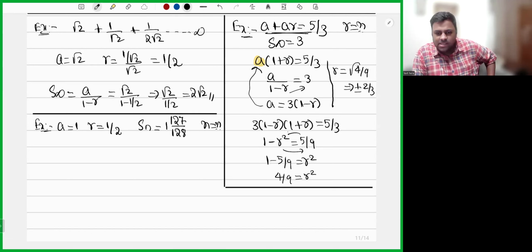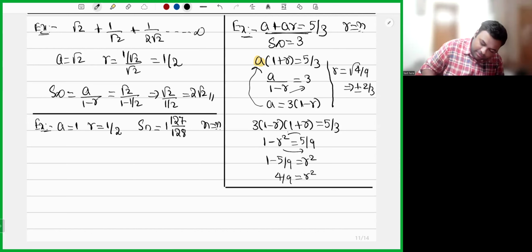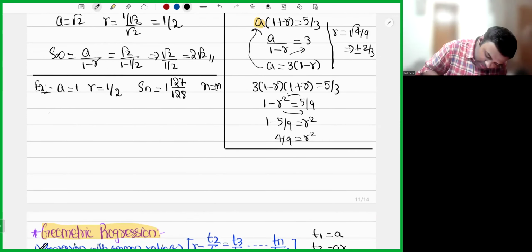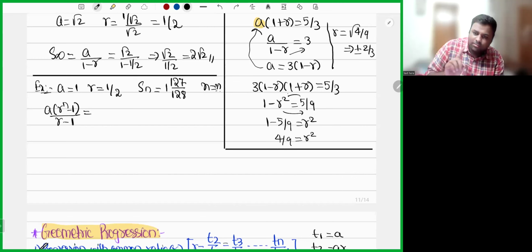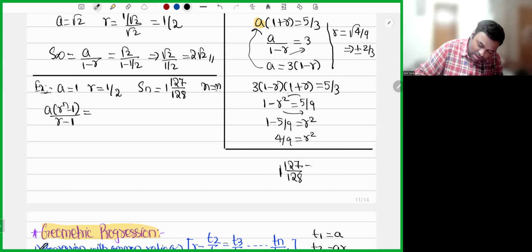A is given, R is given. I'll go ahead and I'll apply Sn formula. What is Sn formula? A into R power n minus 1 by R minus 1 is equals to 127 by 128. I hope you all know this is a mixed fraction. How will you convert 127 by 128 into normal fraction? 128 I'll multiply with 1.